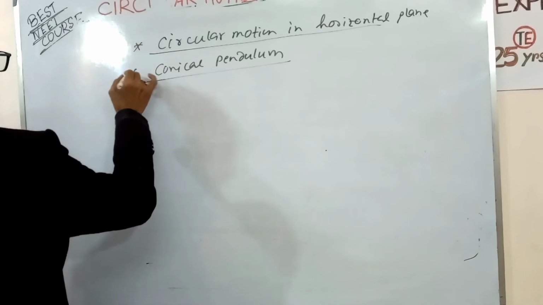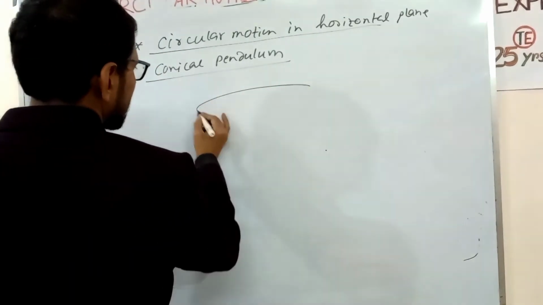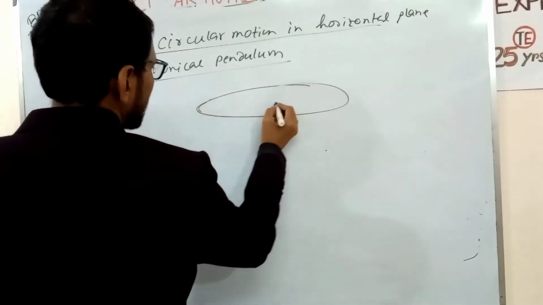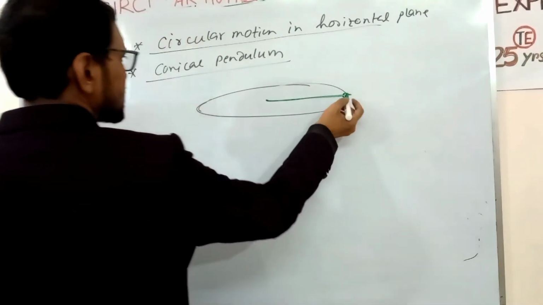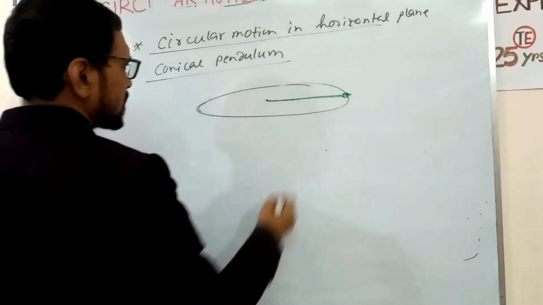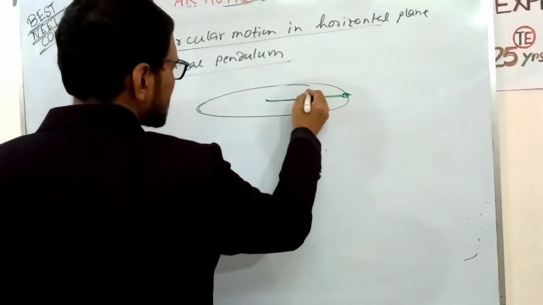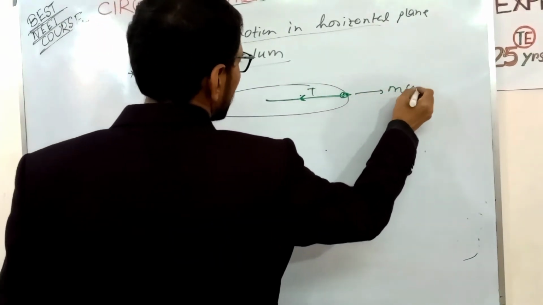Two topics. If a body rotates in a circle in a horizontal plane, suppose this is a string and this is a stone, so the stone rotates in a horizontal plane. And what is the maximum tension? The maximum tension of the string will be just m omega square r.